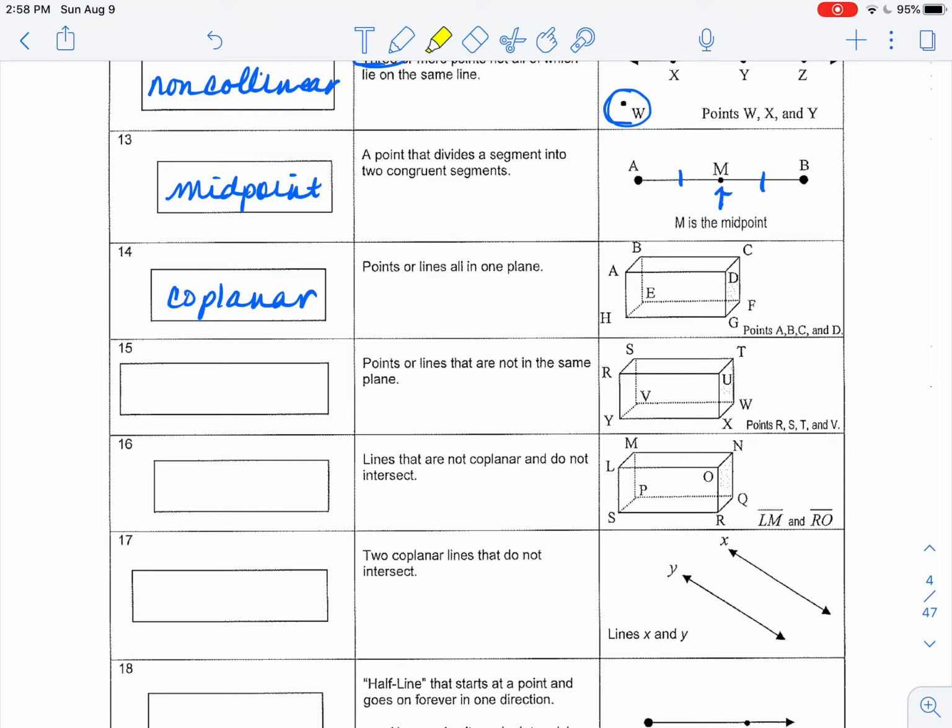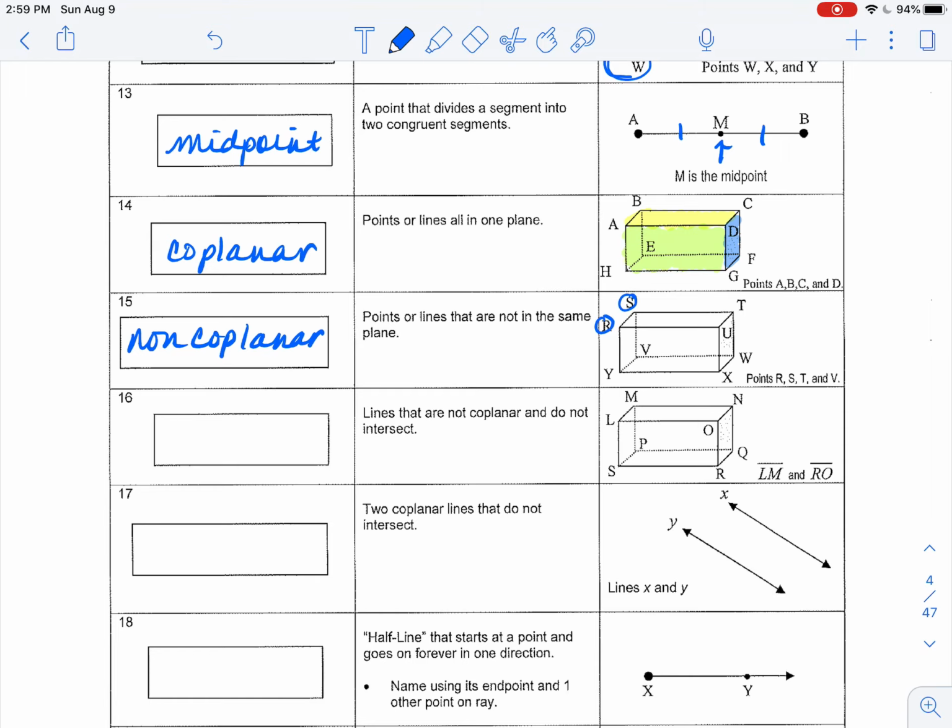Number 15, non-coplanar are points or lines that are not in the same plane. So in our diagram, we've got points R, S, T, and V are non-coplanar. So let's take a look at those.